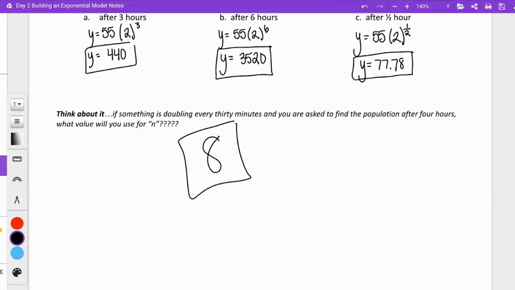That's something that happened twice. 30 minutes and 30 minutes now happens 4 times. 30 minutes and 30 minutes now happens 6 times. And then 30 minutes and 30 minutes happens 8 times. So you're evaluating something 8 times if you're looking at it for 4 hours every 30 minutes, right? So just something to think about.